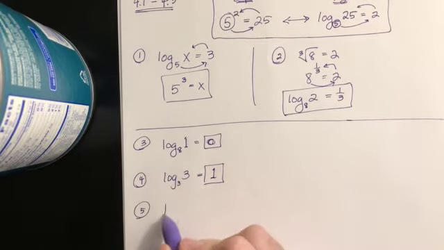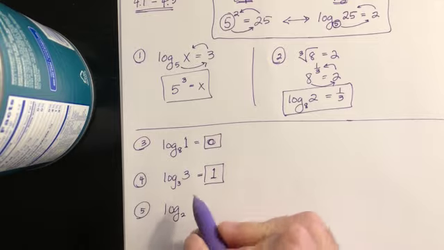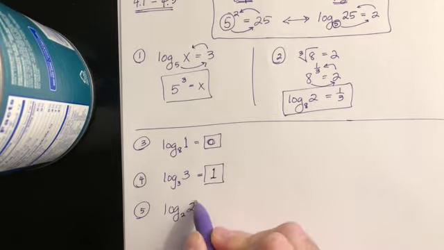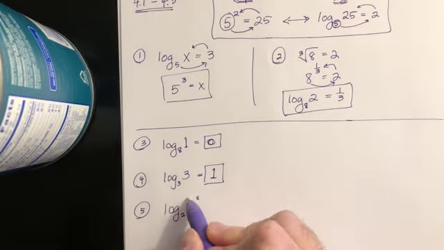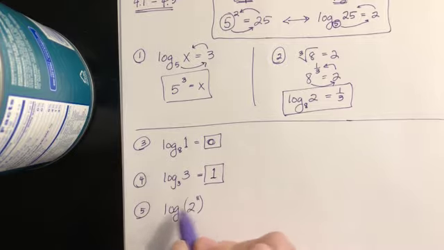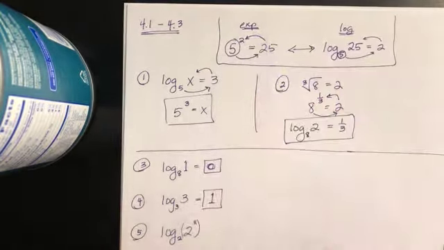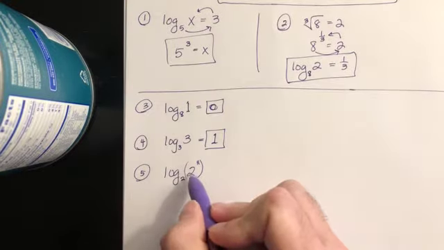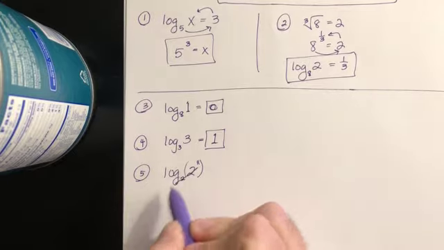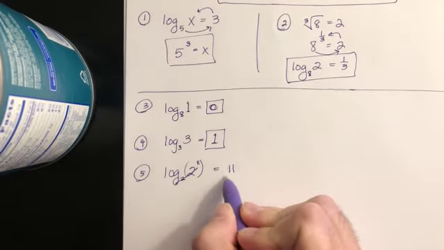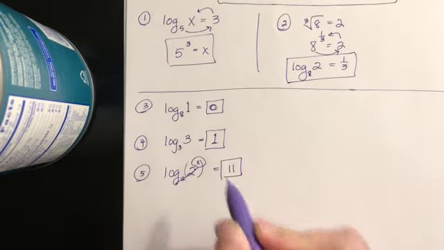Number 5, we're talking about the inverse property, which says that sometimes when you have an exponential expression inside a logarithmic expression, these two functions are inverses of each other. So when you have one that has the same base as your logarithmic function, they sort of cancel each other out, and you're left with whatever that exponent is.